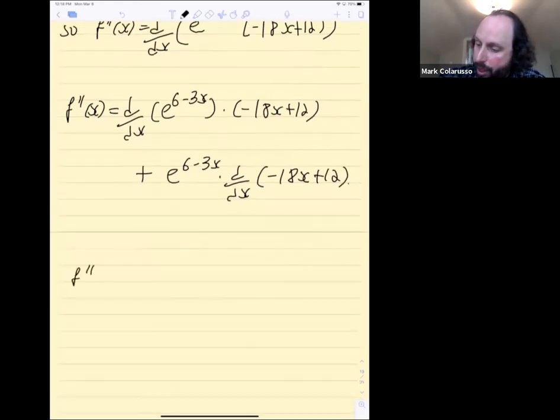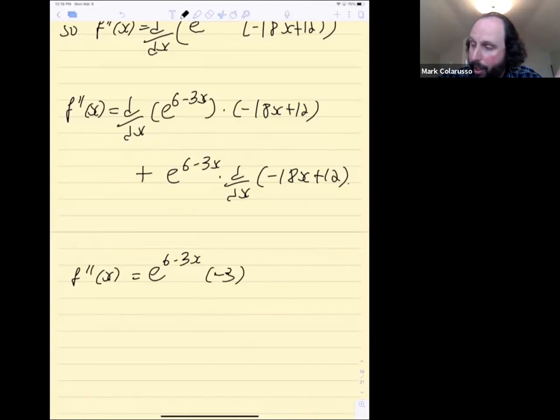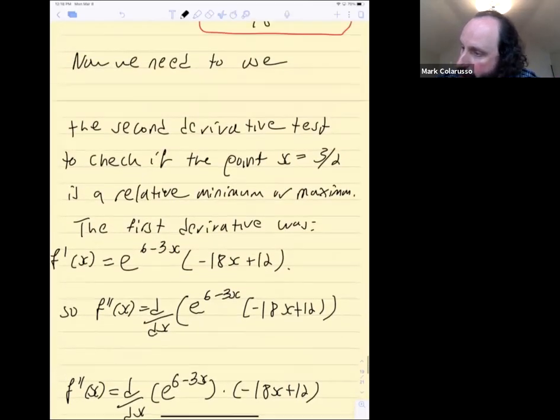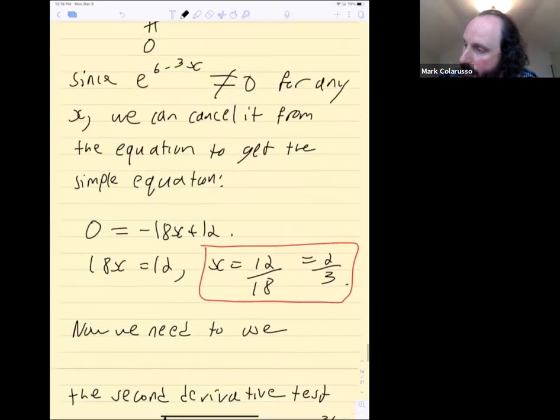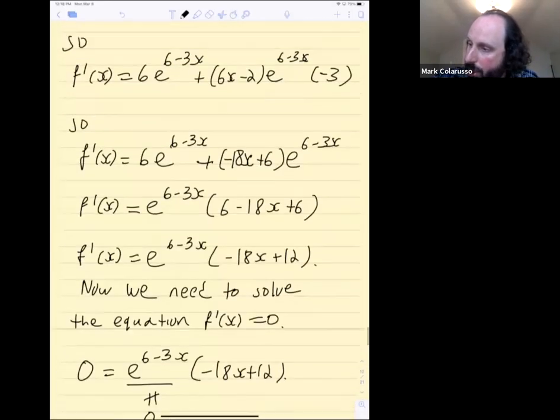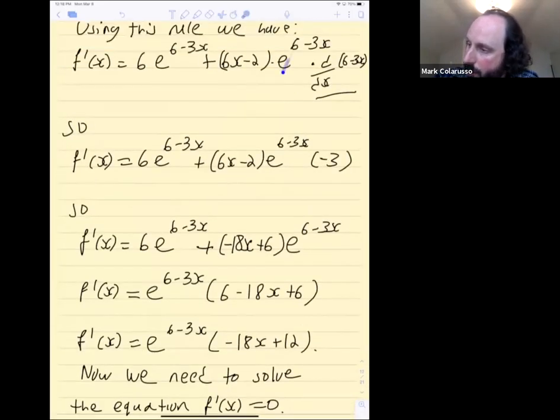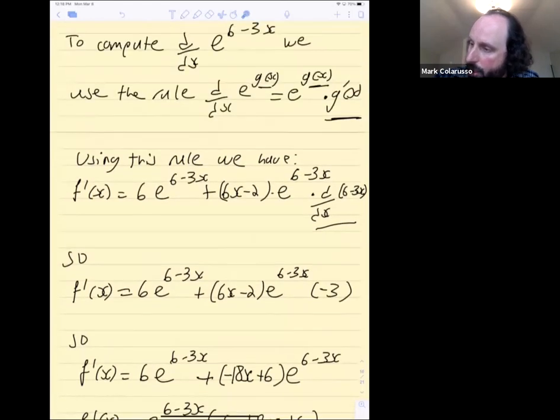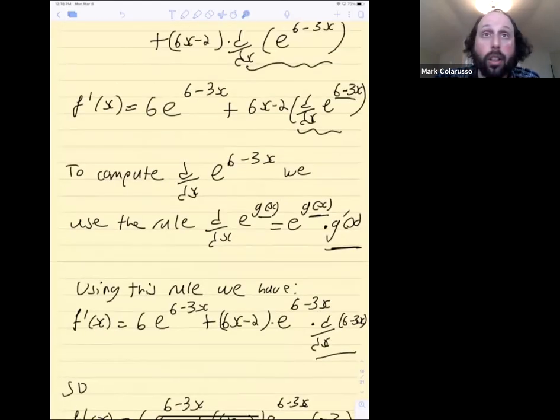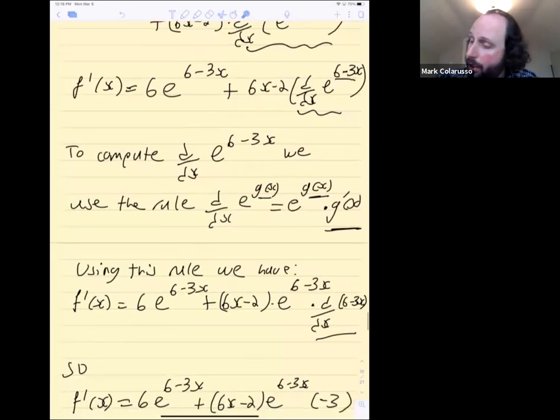And using the chain rule, exponential rule, this works out to be e to the 6 minus 3x times minus 3. That's exactly the same calculation we did way up here.